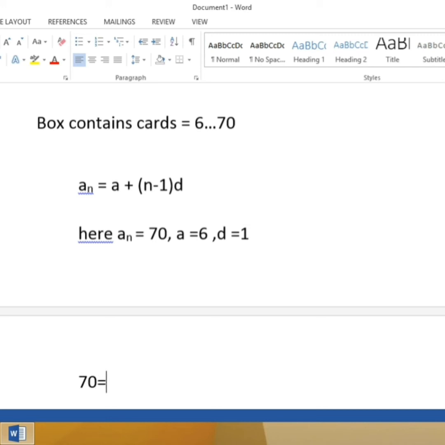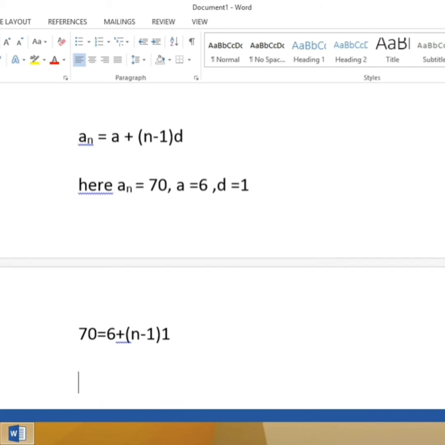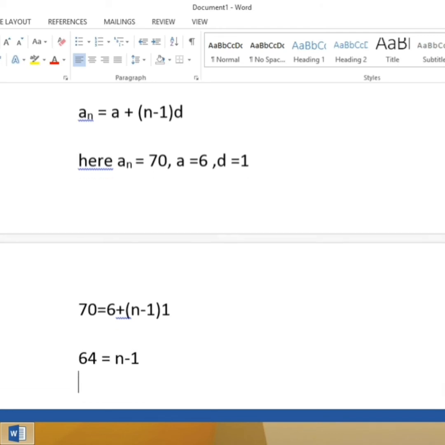So we have to substitute the same. 70 equal to 6 plus n minus 1 into 1. So 70 minus 6 is 64 equal to n minus 1. So n, with minus 1 going to the other side, becomes 65.